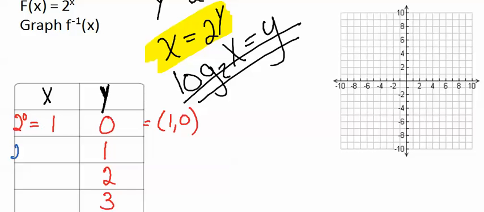I would then get 2 to the first, which is 2, 2 squared, which is 4, and 2 to the third, which is 8. Now if I keep going, I'm going to go off the chart, so I'll kind of stop there. This gives us a few points going in the right direction.